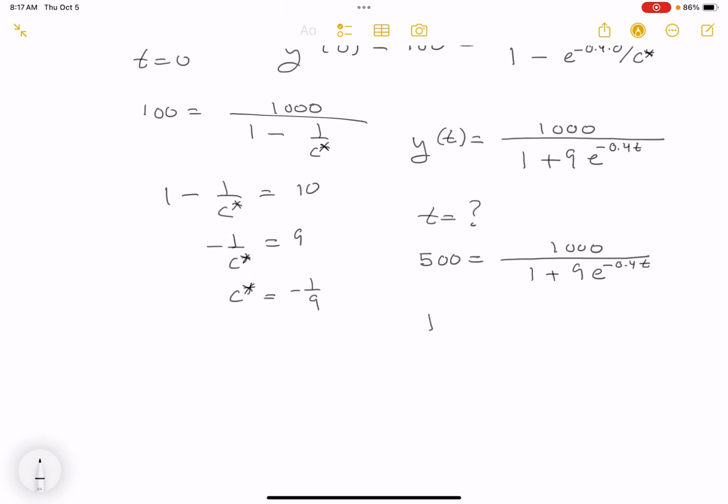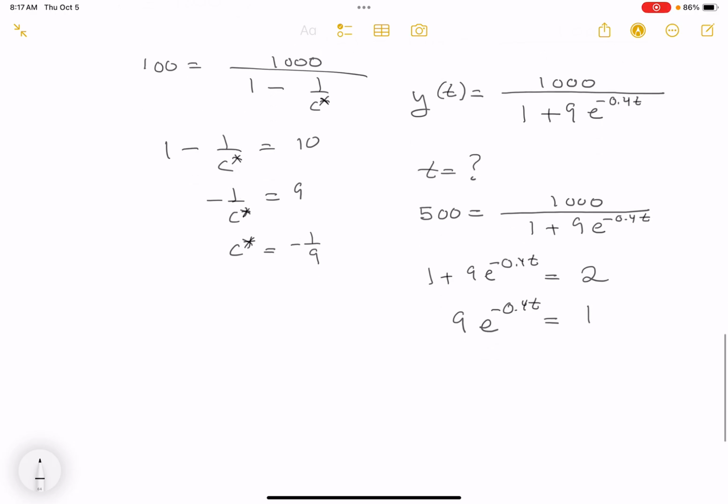I'm going to say 1 plus 9 e to the minus 0.4 T is equal to 2. All right, now how do I do that? Divide both sides by 500, multiply both sides by that LCD, which is 1 plus 9 e to the minus 0.4 T. So let's write this down. So it's going to be 9 e to the minus 0.4 T is equal to, well, let's see, that would be 1, right?